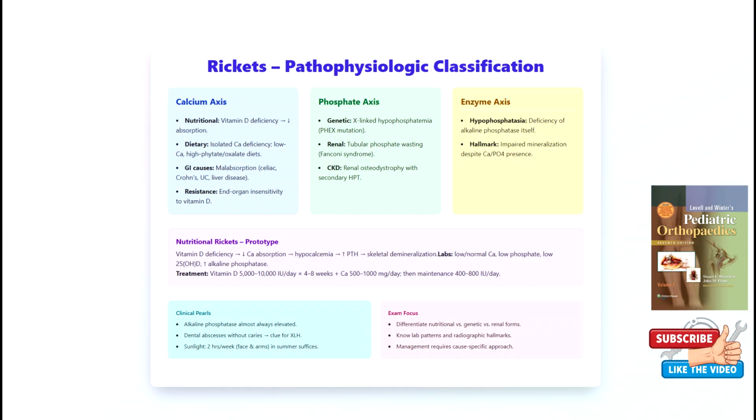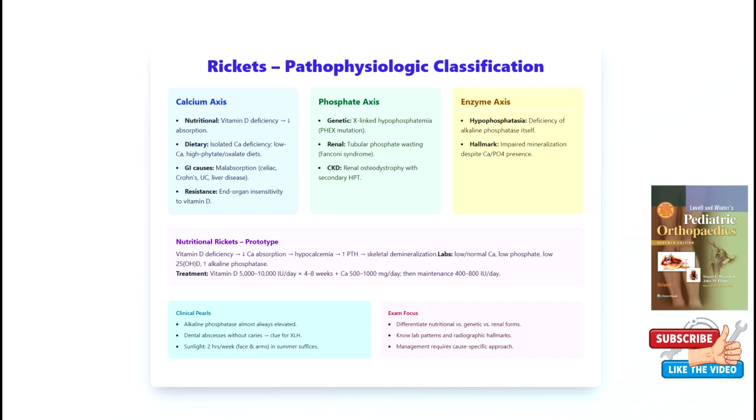The genetic defect lies in the PHEX gene, which normally regulates renal phosphate handling. In its absence, phosphate wasting occurs in the proximal tubules, leading to chronic hypophosphatemia.